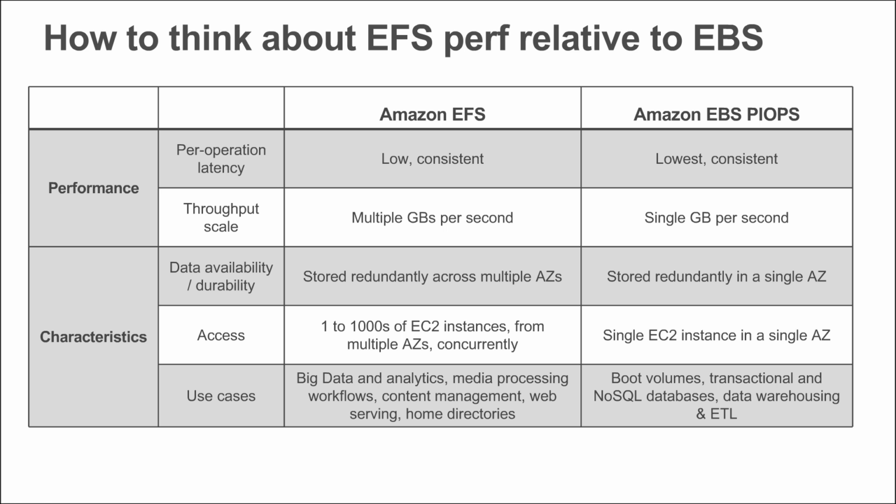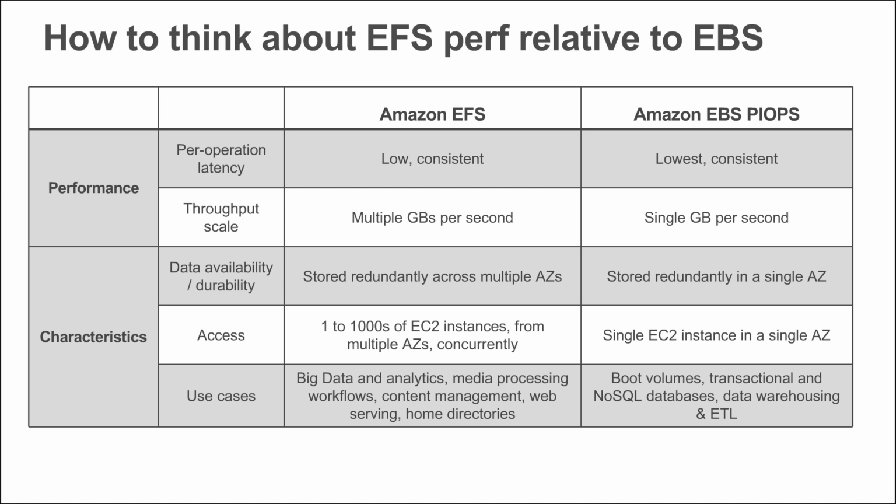And so this distributed architecture has some performance implications. And one way to think about that is to compare EFS to EBS. Specifically, this table looks at EBS provisioned IOPS to understand some of the performance and other characteristics of EFS relative to our block offering.